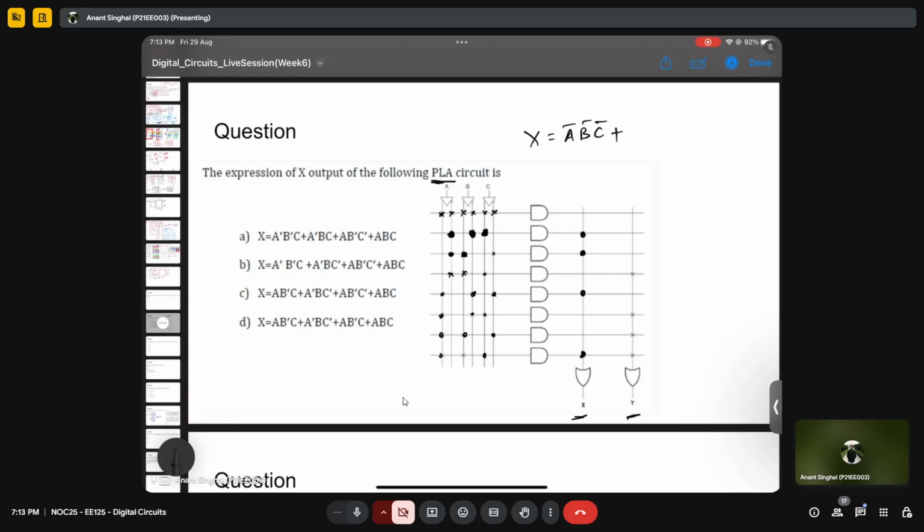plus the second is this, which is A bar, B, C bar, plus the third is this, which is A, B bar, C bar, and the fourth is the last one, which is A, B, C. Is there any option like that?